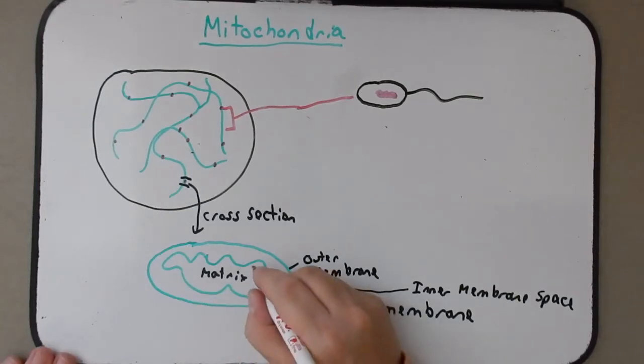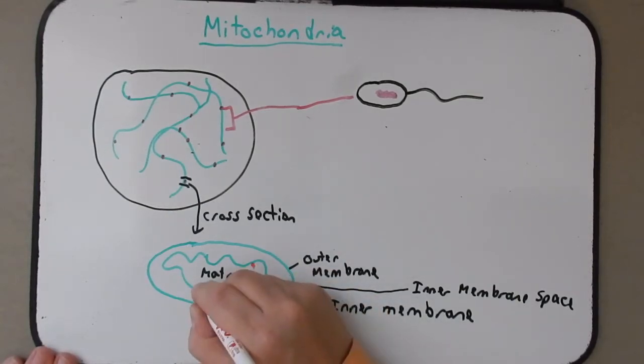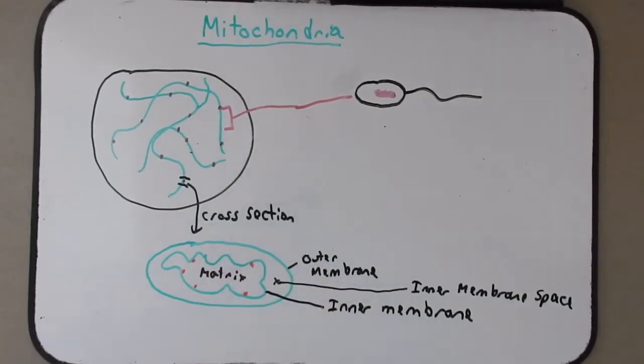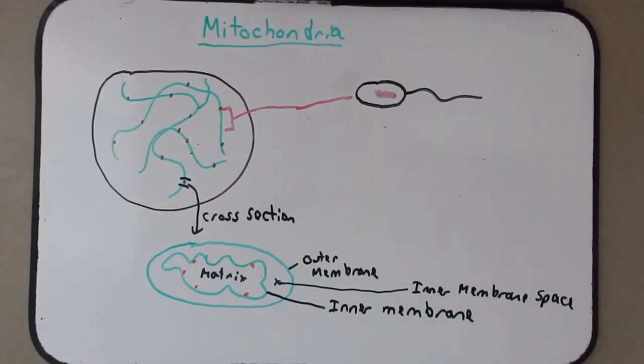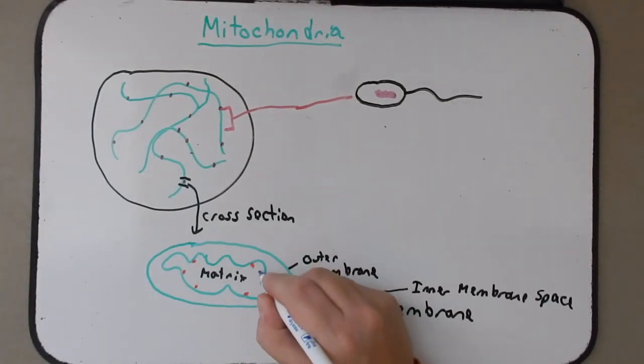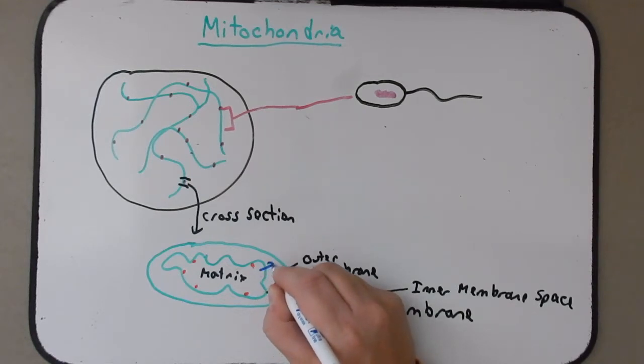Within the matrix we have mitochondrial DNA that is attached to the inner membrane, but it's in the matrix. Throughout the rest of this podcast, we're going to talk about how oxidative phosphorylation occurs across this membrane.